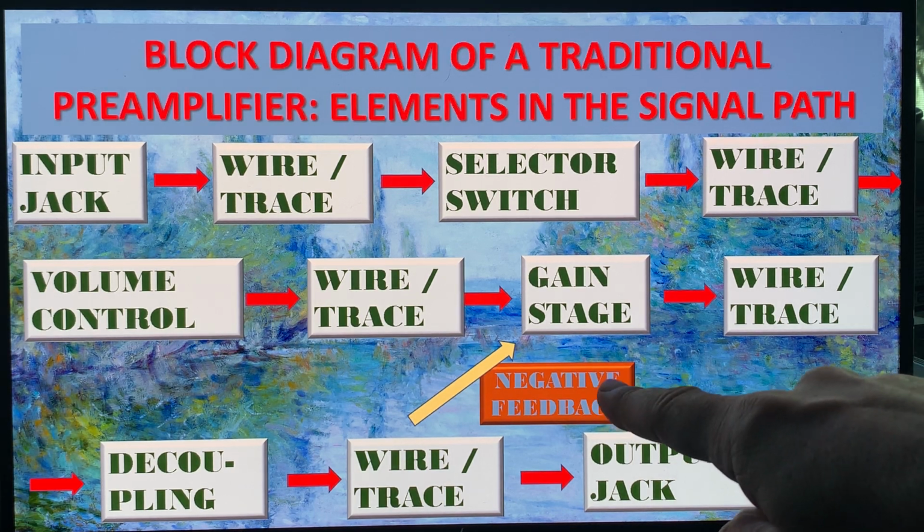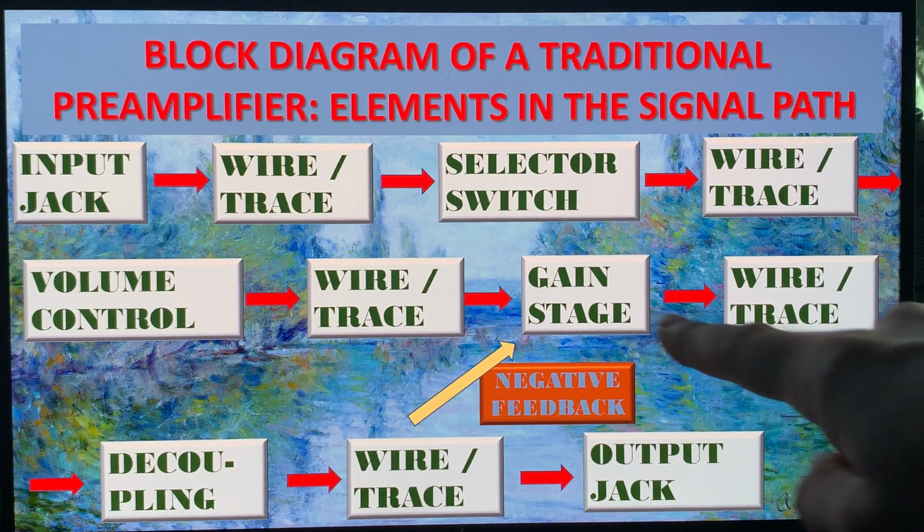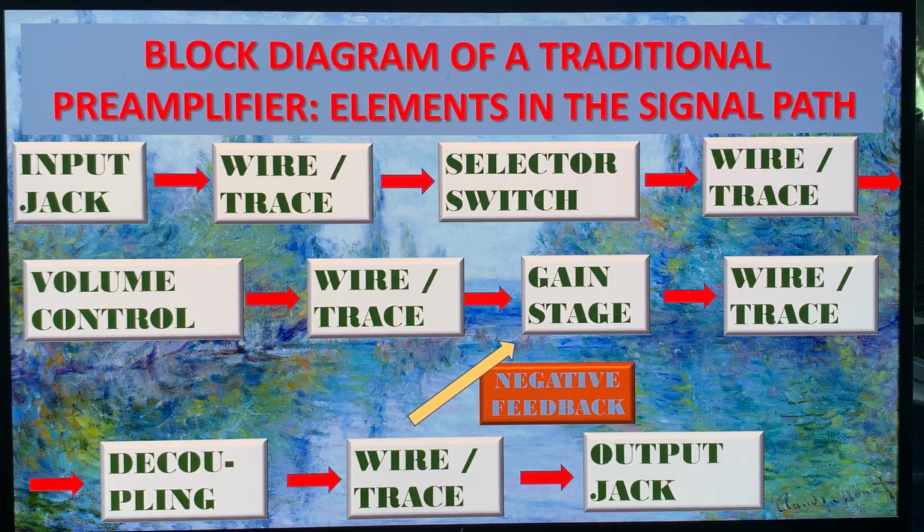But when you add a lot of negative feedback, then you need to add additional gain stages, because negative feedback eats up the gain of the units. So in basically almost every single preamplifier on the market, there are multiple gain stages.